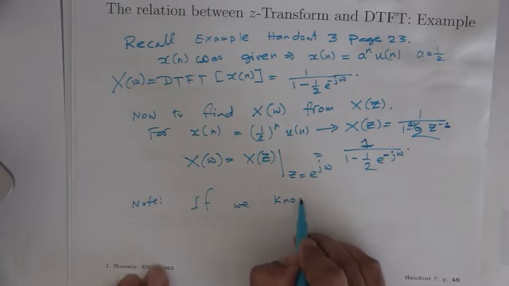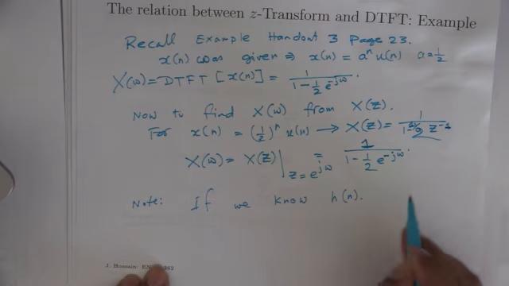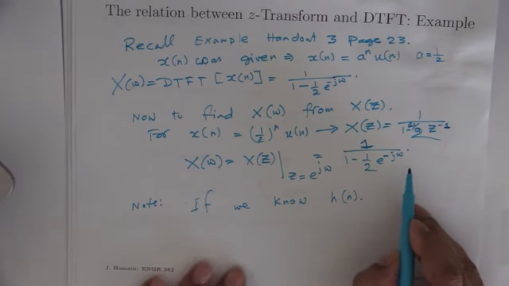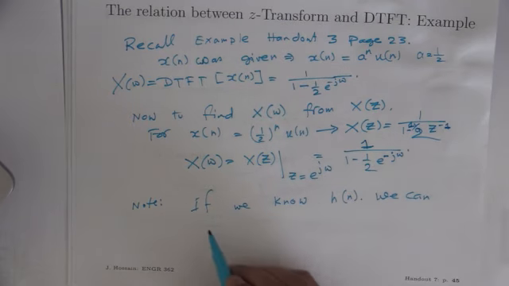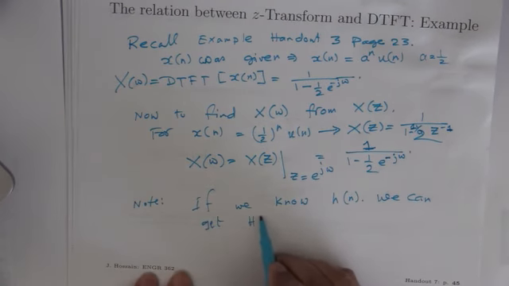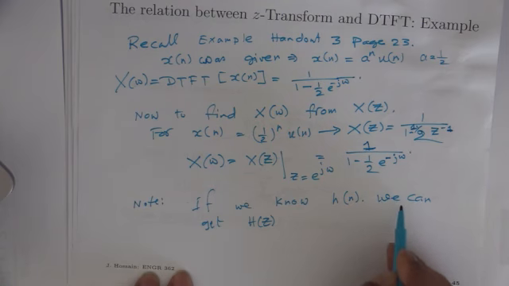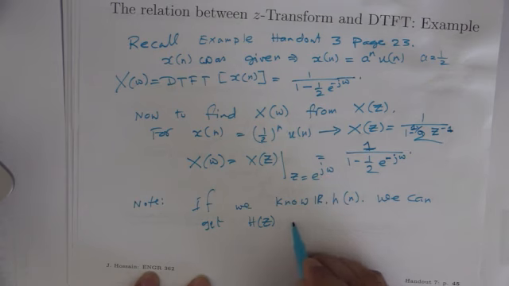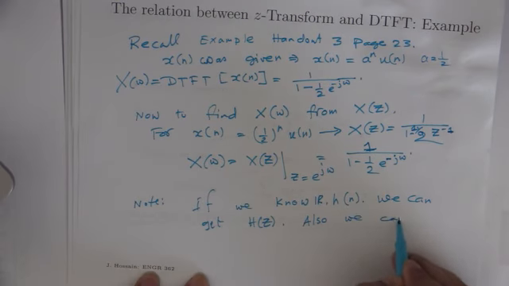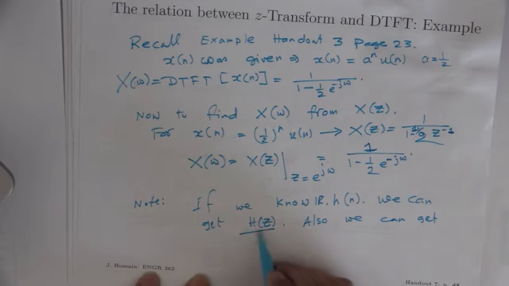Similarly, one side note: if we know h[n], the impulse response, we can get H(z), which is the Z transform of the impulse response. This is called the system function or transfer function in the z domain.